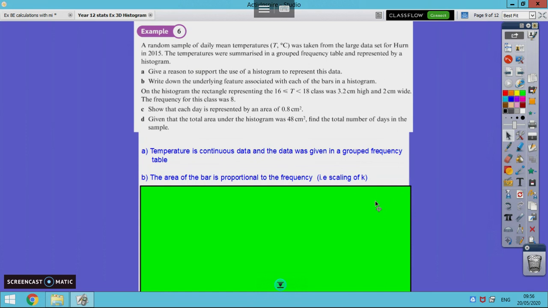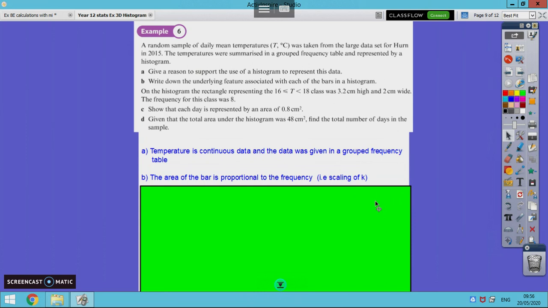On the histogram, the rectangle representing the 16 to 18 class was 3.2 centimetres high and 2 centimetres wide. The frequency for this class was 8. Show that each day is represented by an area of 0.8 centimetres squared. What the frequency for this class was 8 means is that there were 8 days in that class.